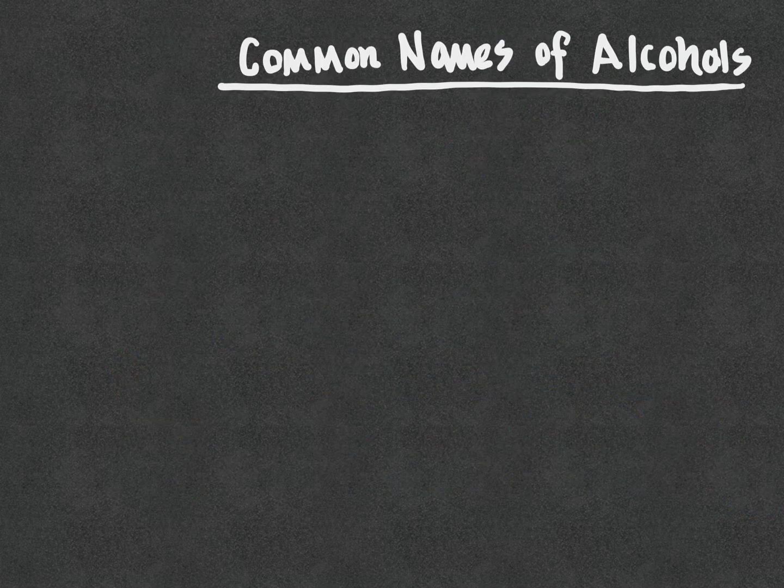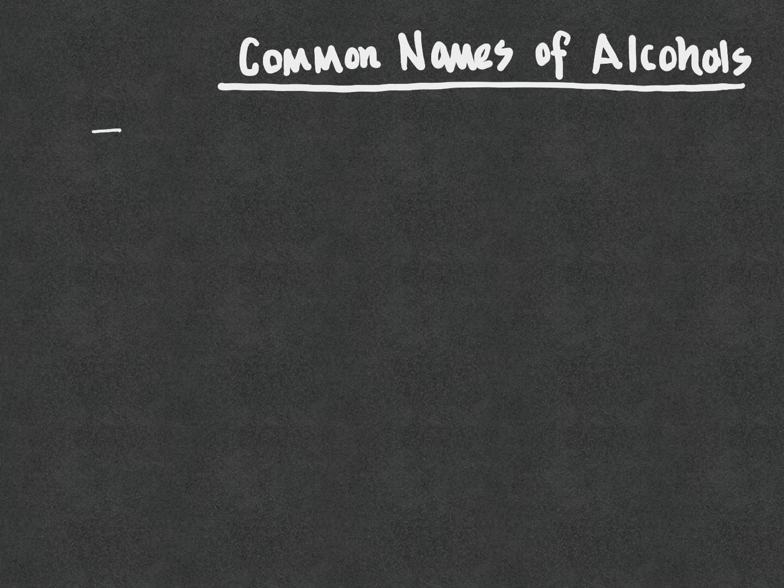In addition to being knowledgeable and able to interpret the IUPAC names for alcohols, we also commonly refer to alcohols by their so-called common names. The common names of alcohols follow the general template of taking the alkyl group name that would correspond to a branch and adding the term alcohol after it.